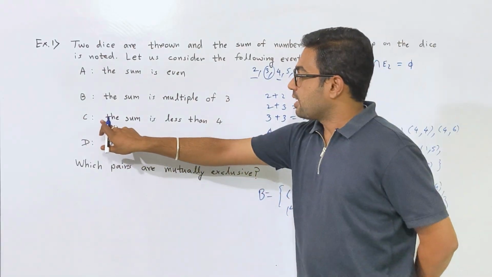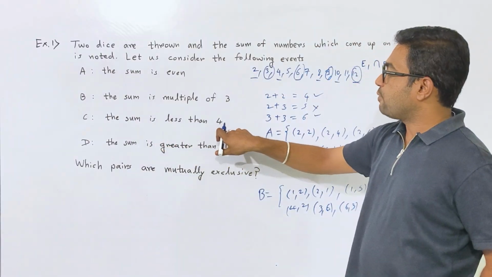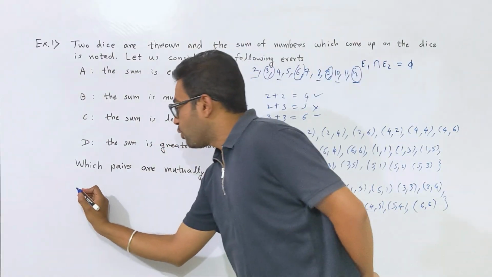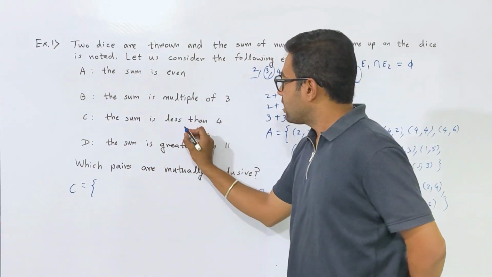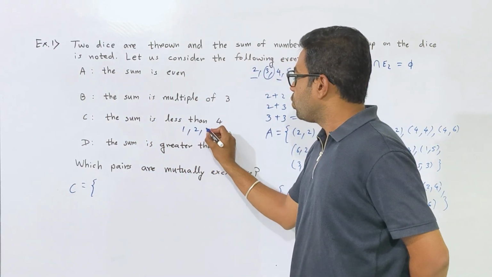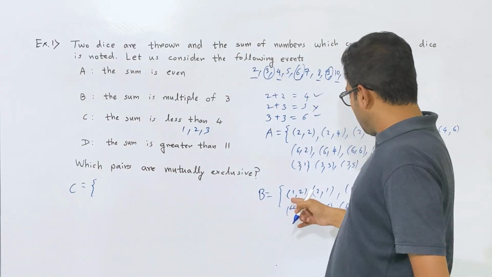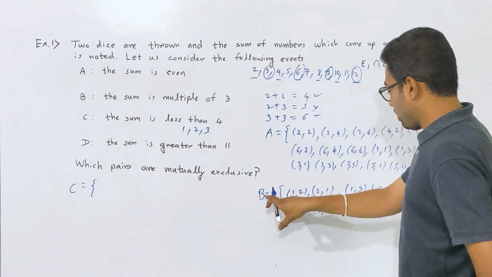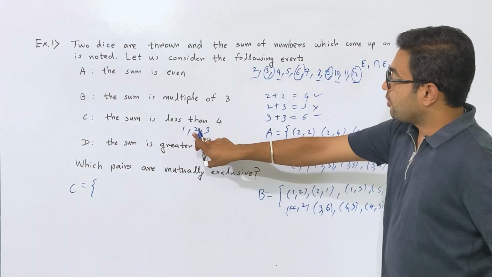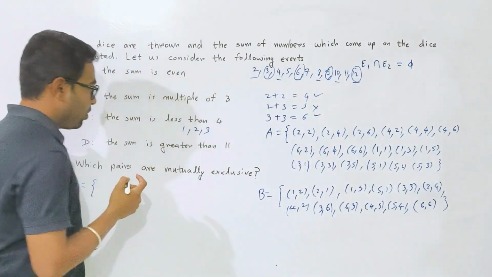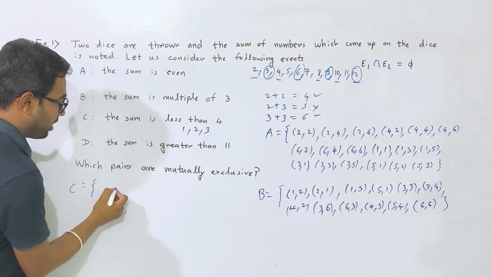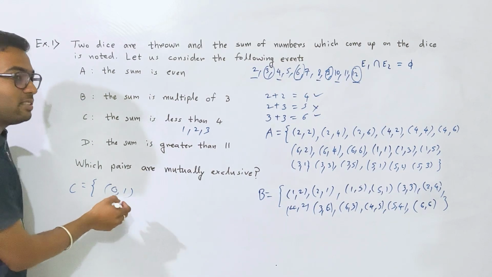Now C, the sum is less than 4. Less than 4 means it can be 1, 2 or 3. Similarly to what we observed in B, we can get a sum of 1 only in one way, 0 and 1 or 1 and 0.